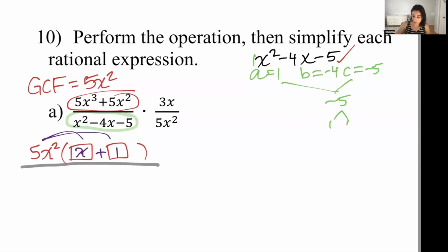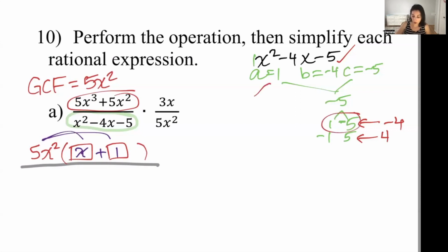So either 1 times -5 is -5, or -1 times +5, right? That also works. Those have to be opposite signs. Now which one of those adds up to B? Well, if I add 1 and -5, ding, ding, ding, that's -4. If I added these bottom two, -1 plus 5, that would have been +4. So I do want these two factors.